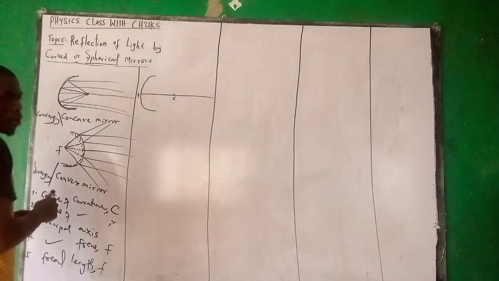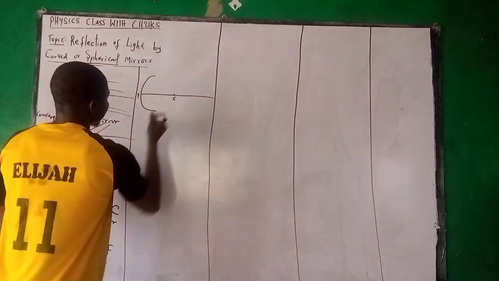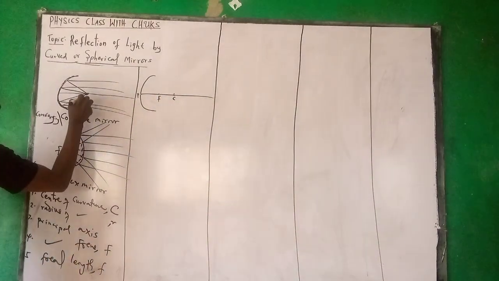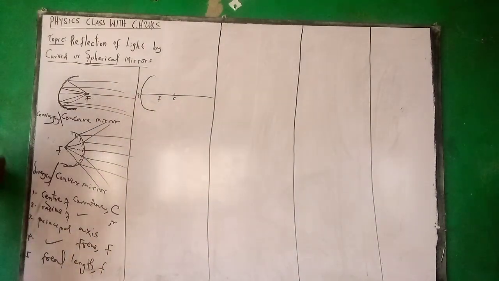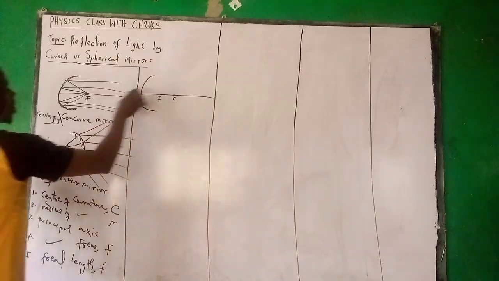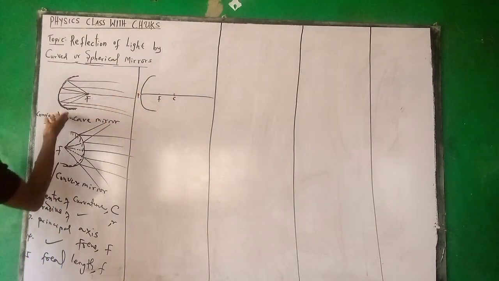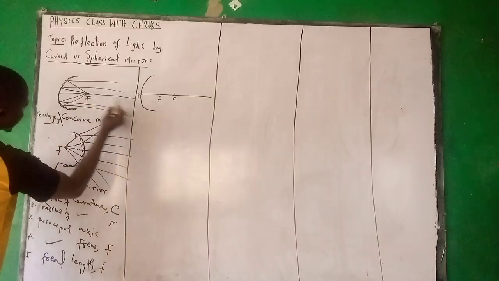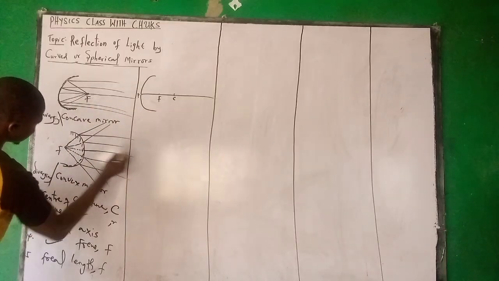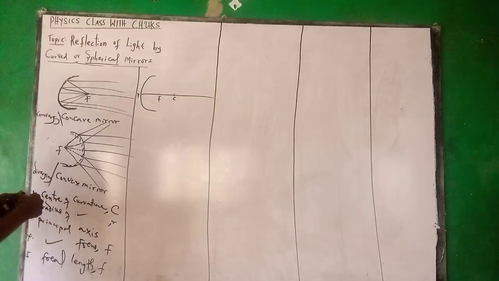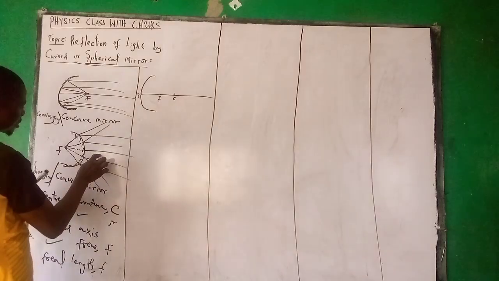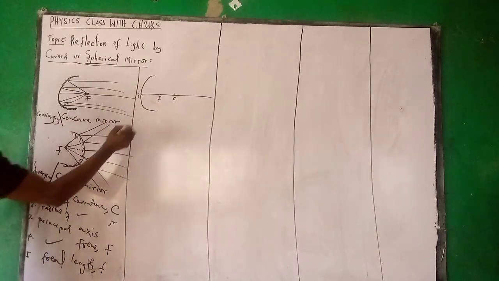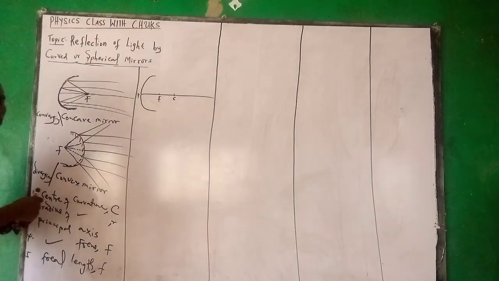A point along this line, we call the principal focus. It is the point where all the rays that are parallel and close to the principal axis converge after reflection.